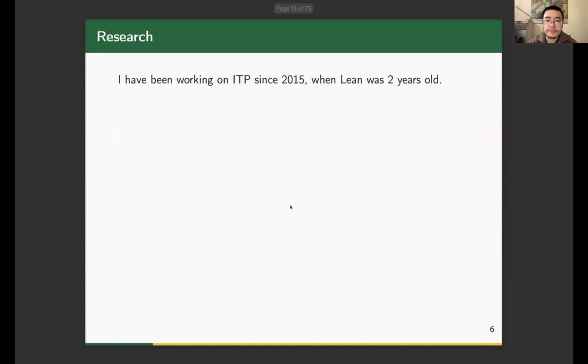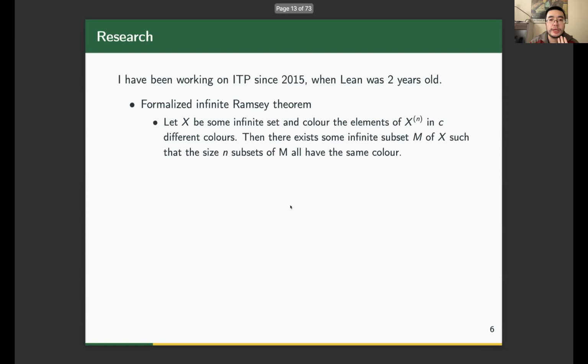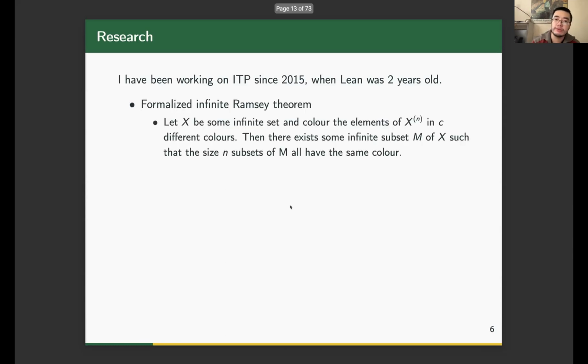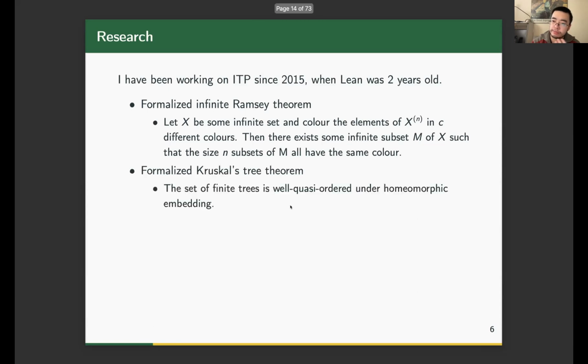Okay, so just to give you a bit more sense of what current interactive theorem provers can do, these are the things that I have done in interactive theorem proving. I formalized the infinite Ramsey theorem, which I think you're familiar with. I formalized the Kruskal tree theorem.